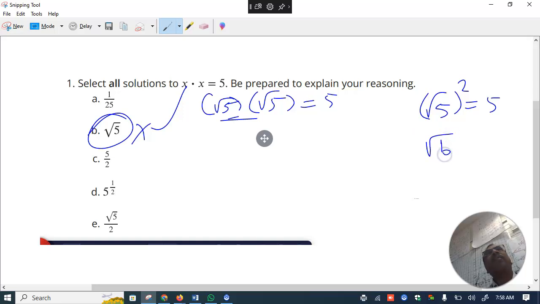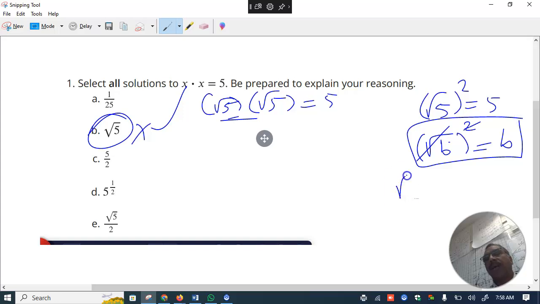Because if we have this raised to the square, they are inverses of each other and cross out, and you get b. So this is a formula: square root of b times square root of b is always b. That's it. Always correct? Agree? So that's why this is correct.